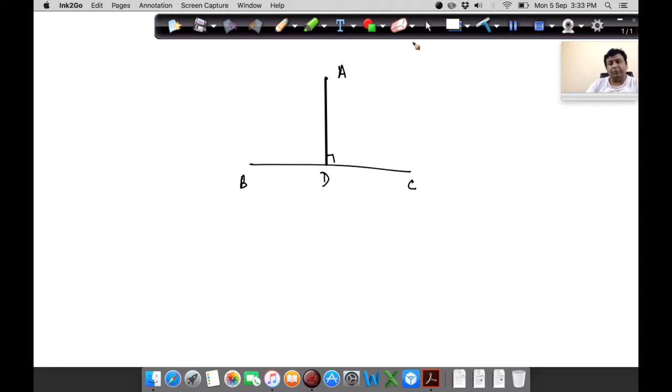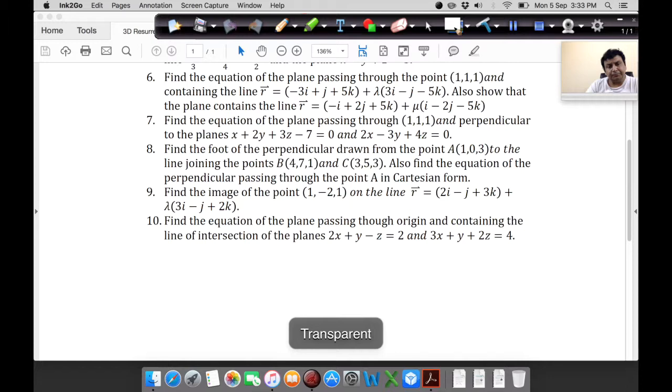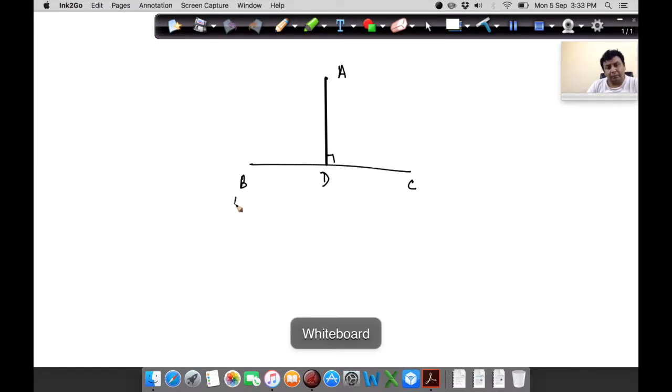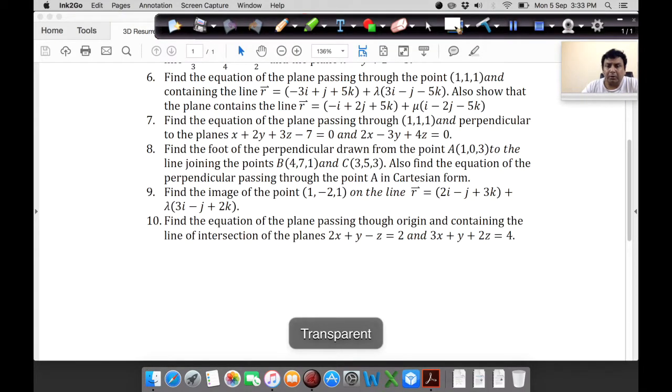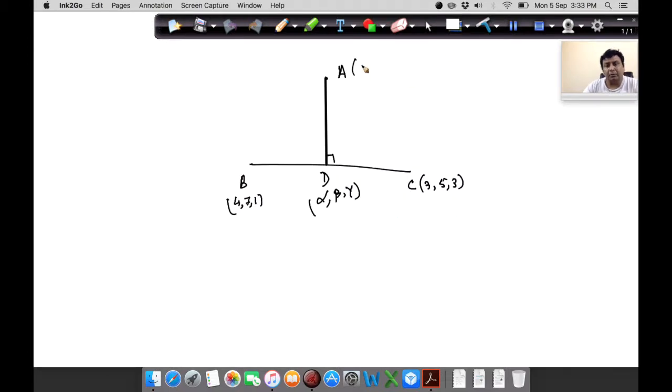Because B and C are known, 4, 7, 1 and 3, 5, 3, and point A is also known, let's take D as alpha, beta, gamma as usual. The coordinates of A are 1, 0, 3.